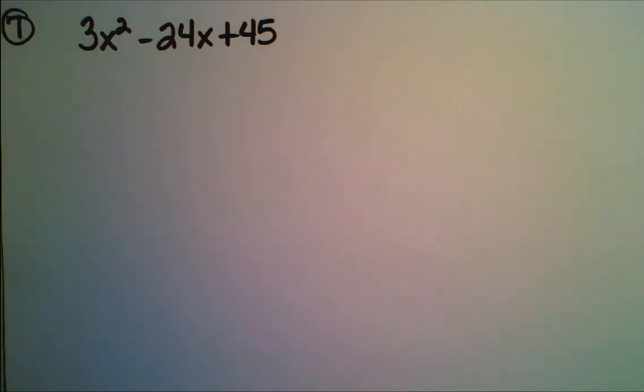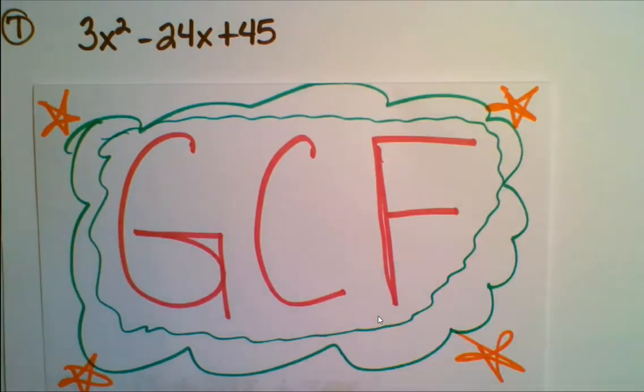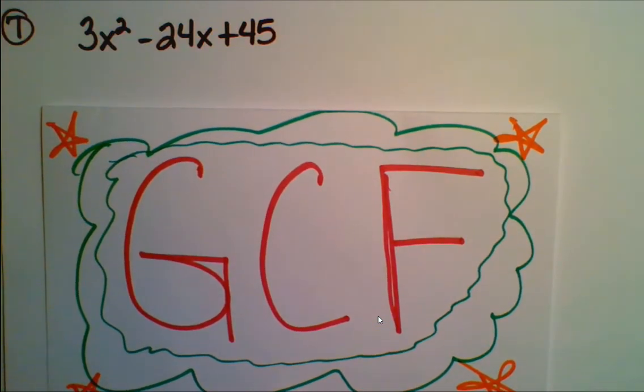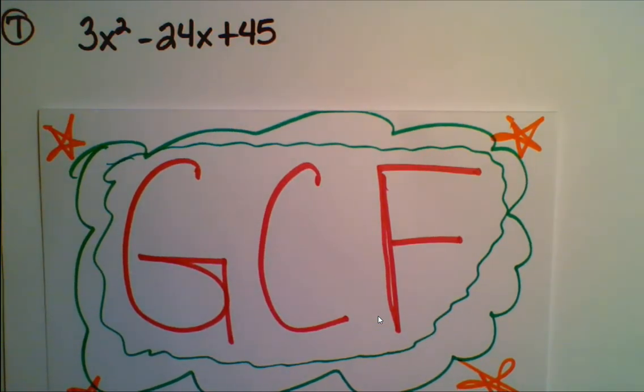All right, so let's look at factoring 3x squared minus 24x plus 45. Don't forget, is there a GCF that can be factored out of this trinomial?